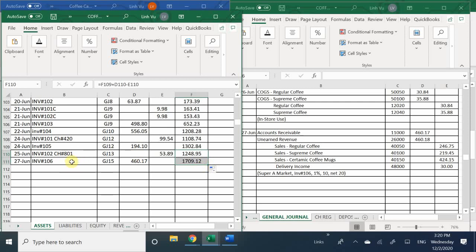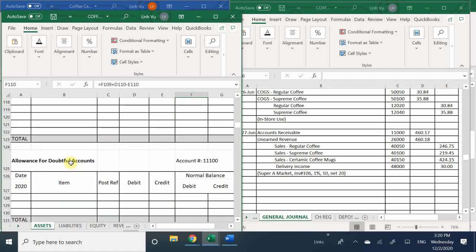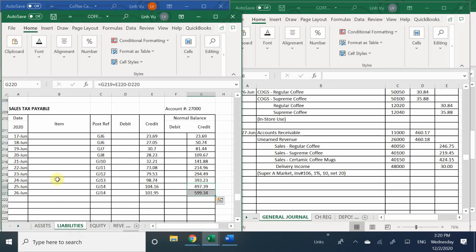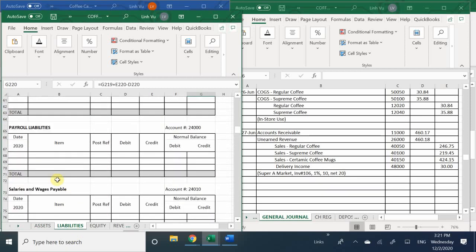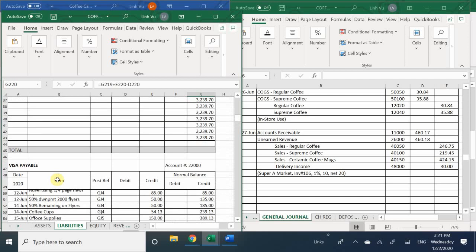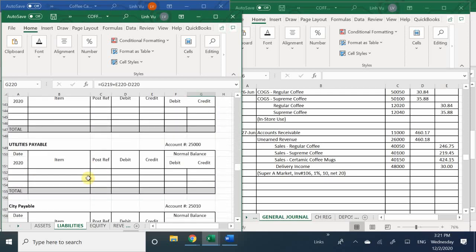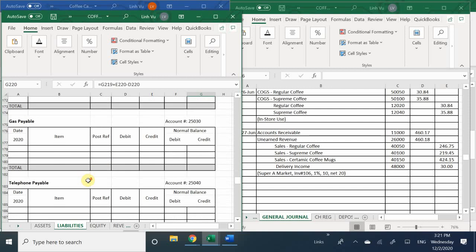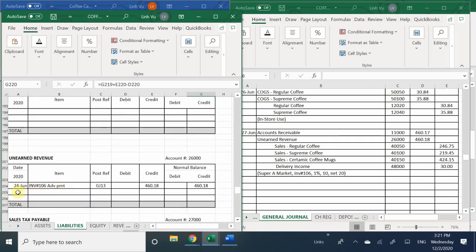And then we have to go to the unearned revenue, which is under the liability, 26,000. So the date, 27th. And I'll just do a repeat of what was in the column up above there, Super A Market.